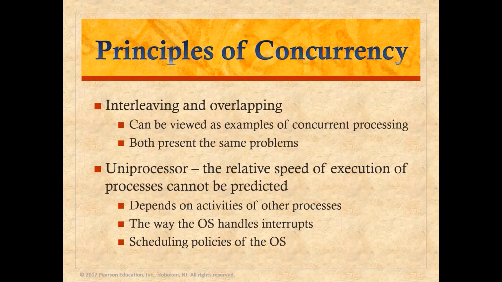Overlapping means, in a multi-processor environment, we can execute two processes on different processors. If we have two, we can execute two processes at maximum. In a uniprocessor environment, the speed of execution cannot be predicted. It depends on the activity of other processes, how the OS handles interrupts, and the scheduling policy used by that particular operating system.